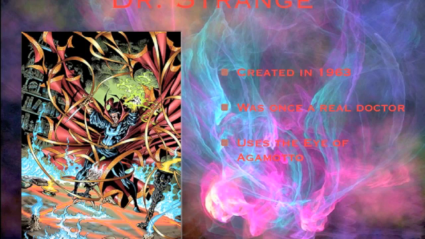One of the artifacts he uses is called the Eye of Agamotto. Now, this thing was extremely powerful. It can dispel illusions. It can send people through space and time. It amplifies anyone who possesses it, amplifies their mystical ability, what have you.